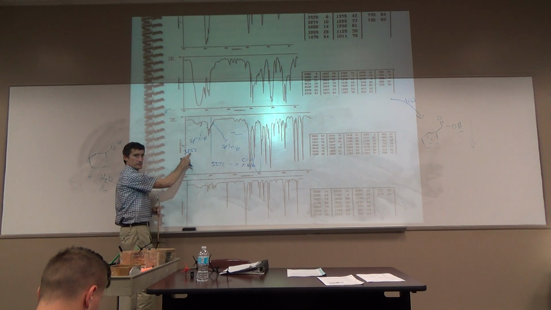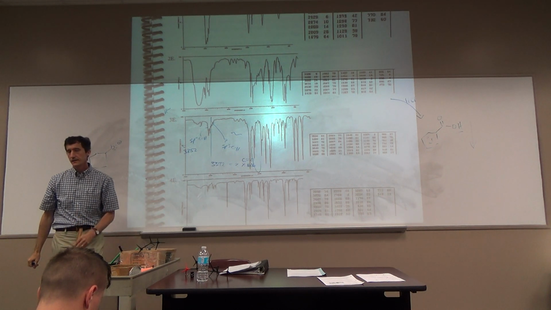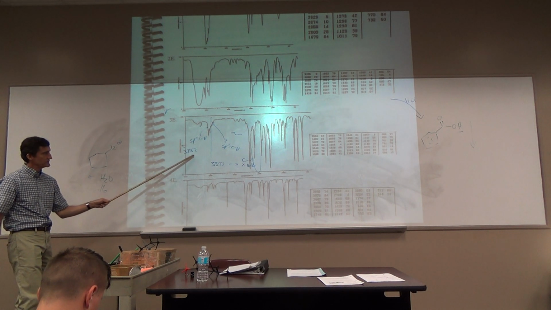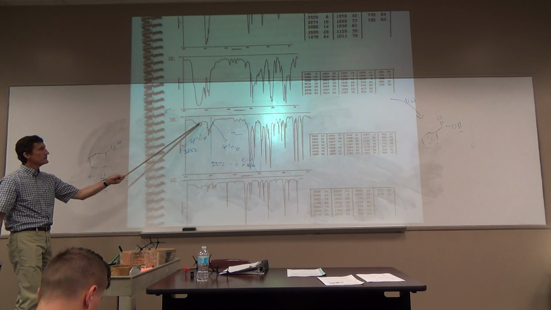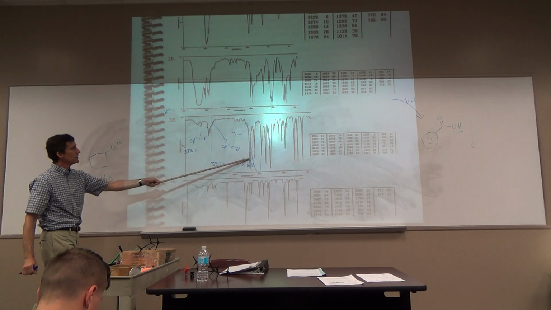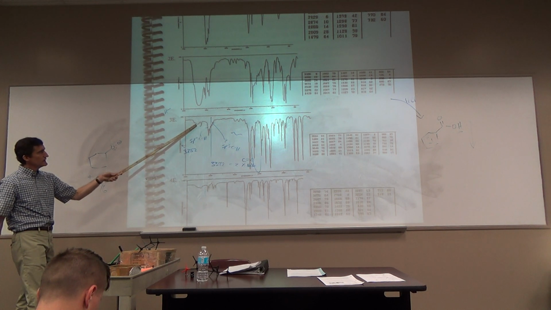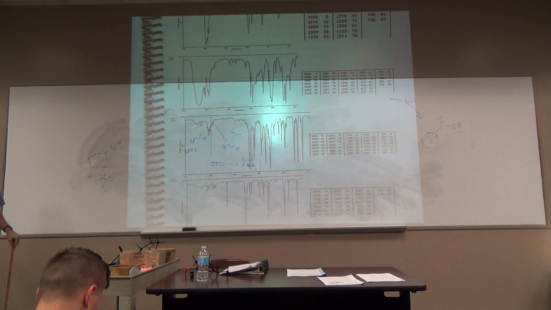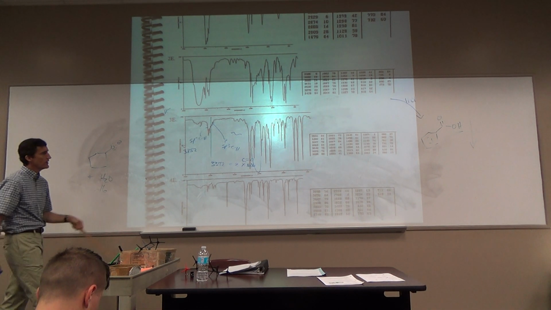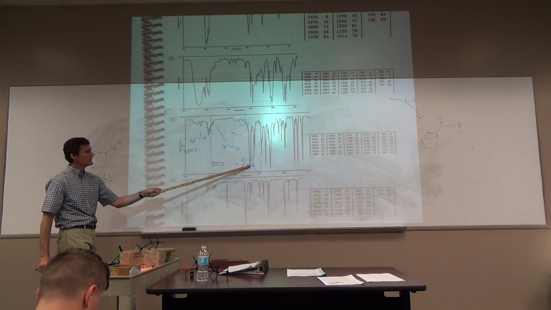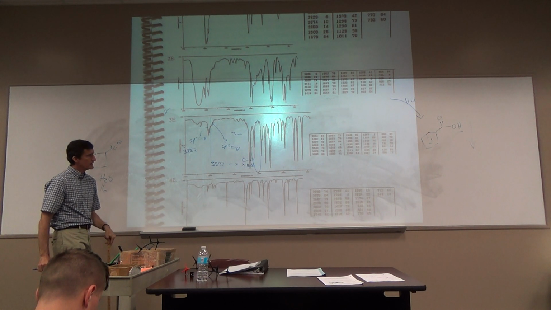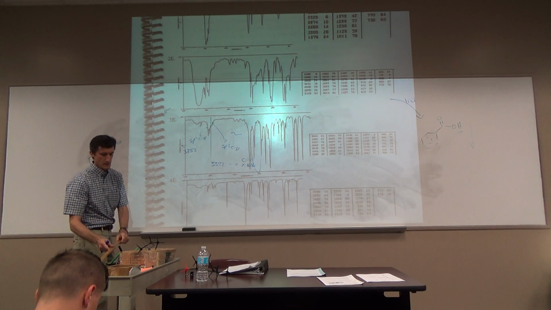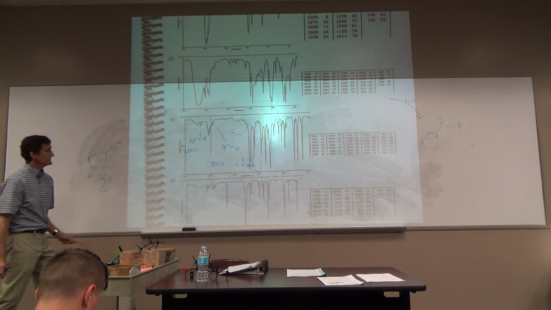Double minus a touch. Usually not quite. I wish it was more like 3362. But I think it could be an overtone. It's also a little sharp. It could be an overtone. So ultimately, not for the amide. It could be a little water if this is an actual spectrum. Carbonyl placement, I don't think I covered that in the video. Amides typically have low carbonyls. Otherwise, that's it. Last one.